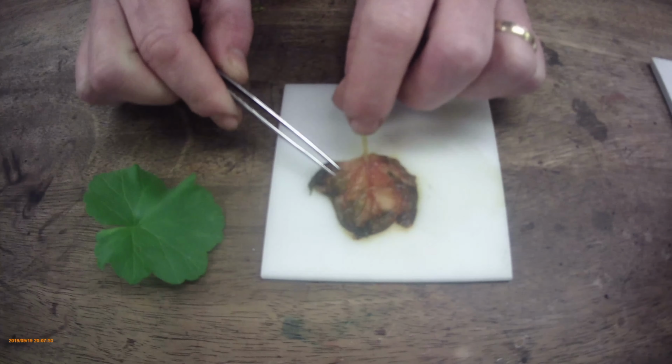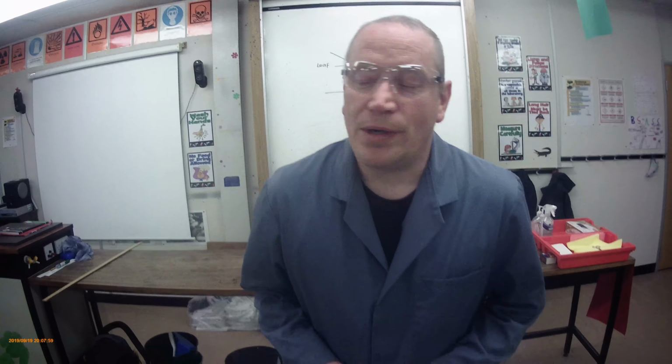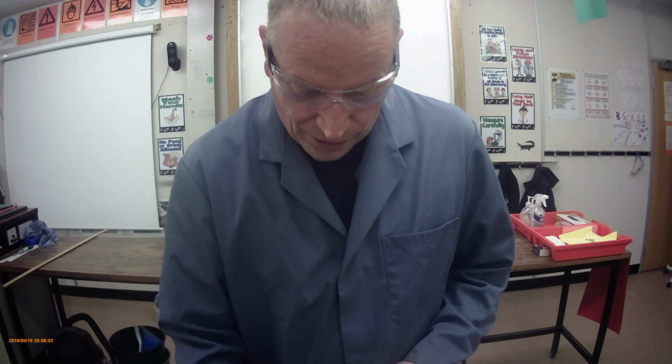Now, one of the reasons this isn't a massively positive test is something to do with the season that we might be in. So our wonderful little plant here that has given up its leaves for us also knows that it's the height of winter.